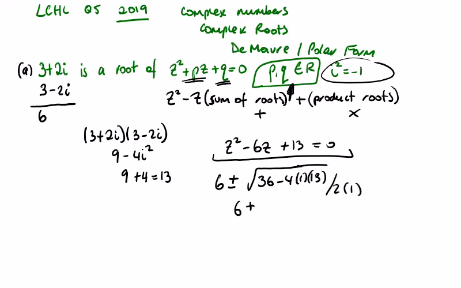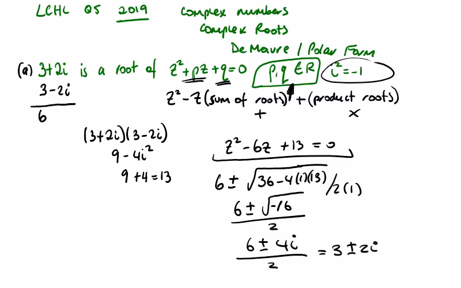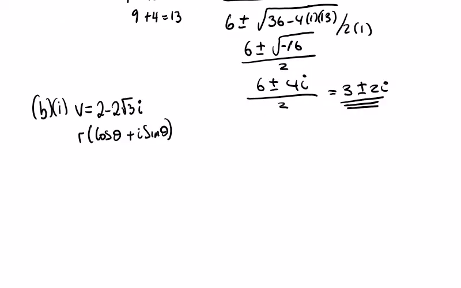So we're going to get 6 plus or minus the square root of 36 minus 52, which is minus 16, over 2. So we're going to get 6 plus or minus 4i over 2, since the square root of minus 16 is the square root of 16 by the square root of minus 1, which you can see is 3 plus or minus 2i. So that's where this comes from. An easy enough question using that method when you know how to do it.